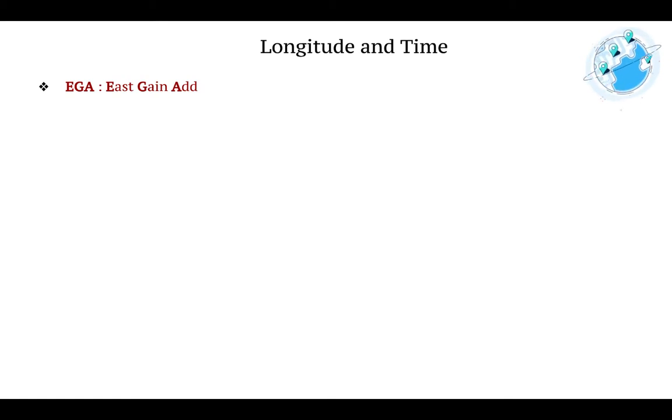Any meridian or longitude which lies east of it is ahead in time because of the eastward rotation of earth, and any longitude that lies west of that longitude would be behind in time. That is also again because of the eastward spin of earth.